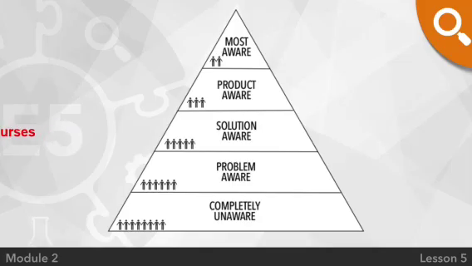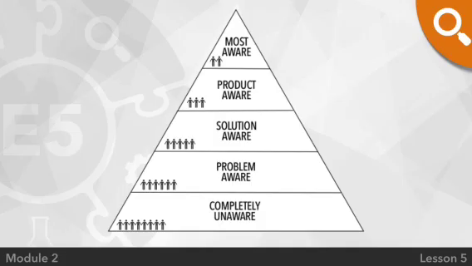When you design a marketing funnel for the completely unaware segment, which we're going to talk about during the engineering stage, you have the biggest audience. You have the biggest audience for 2 reasons. One, because there are a lot more people that are completely unaware than that are most aware, or just product aware, or solution aware, or problem aware, right?